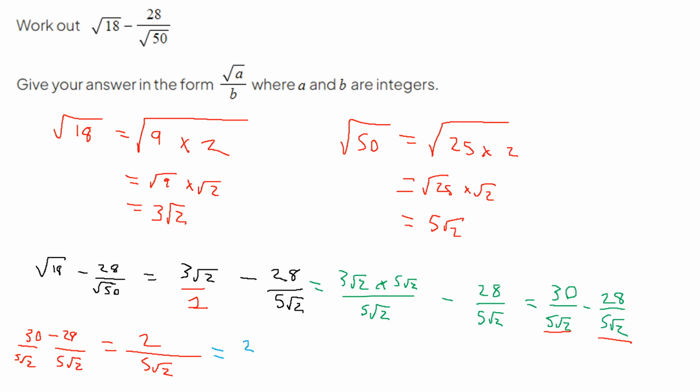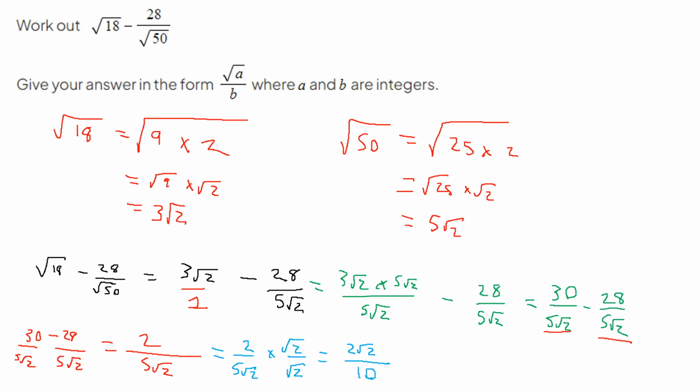So that's the same as 2 over 5 root 2 times root 2 over root 2, which is the same as 2 root 2 all divided by, what's 5 root 2 times root 2? 5 times 1 is 5, root 2 times root 2 is 2. So it's going to be over 10.